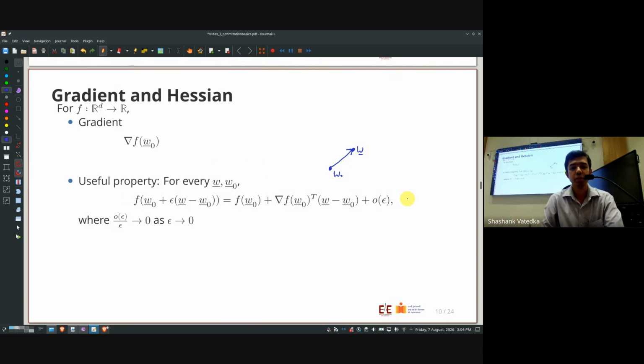So this is essentially the definition of the derivative. More generally, you can interpret this as an inner product between the gradient or the derivative and w minus w0. In fact, this can be generalized even beyond functions on R^d. For example, you could have functions on matrices or more complicated objects.